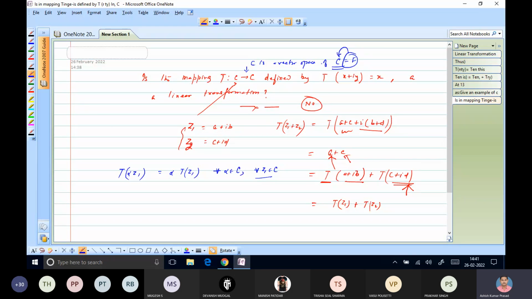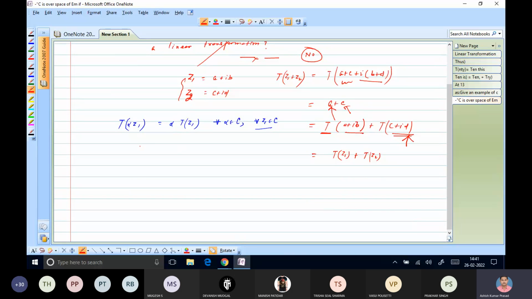You have to automatically understand this thing. Now see, I have to give one counter example, and one counter example is enough to discard the theory.